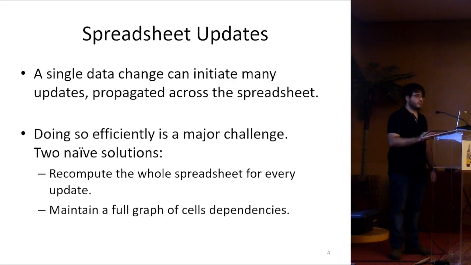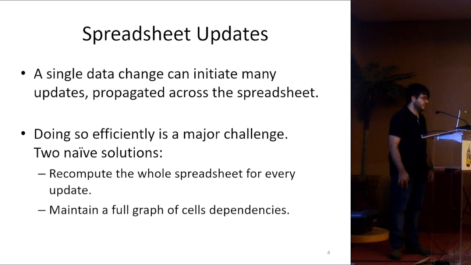When you change one cell in the spreadsheet, it can initiate many other changes, because one change leads to changes of cells that depend on it, and other cells that depend on those cells, and so on. When spreadsheets get bigger and bigger, this is a big challenge: how to do it efficiently. There are two naive solutions.